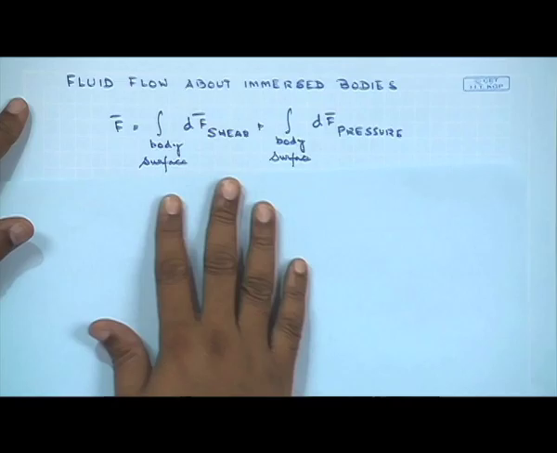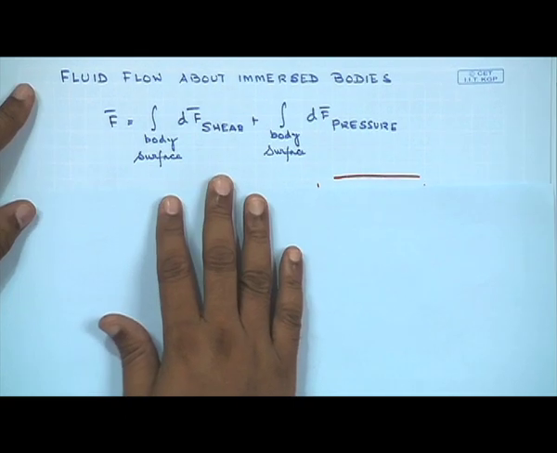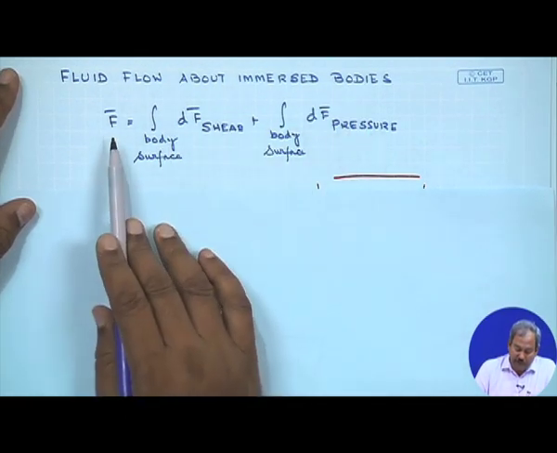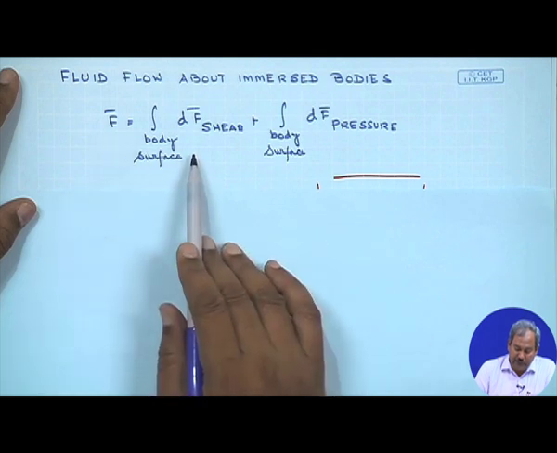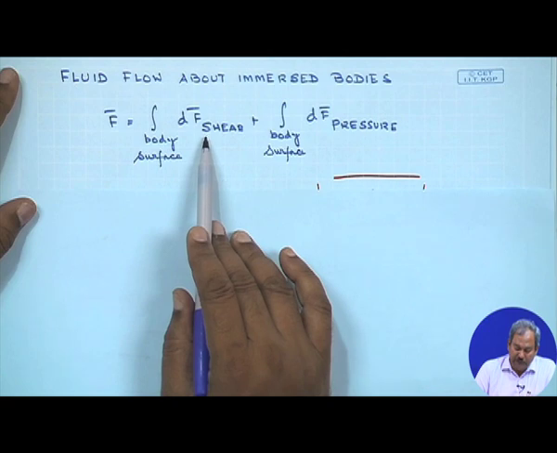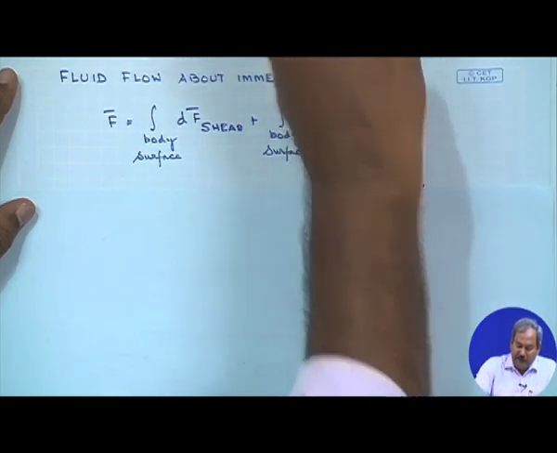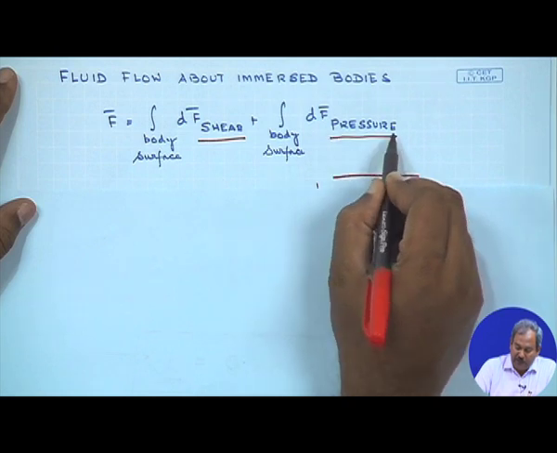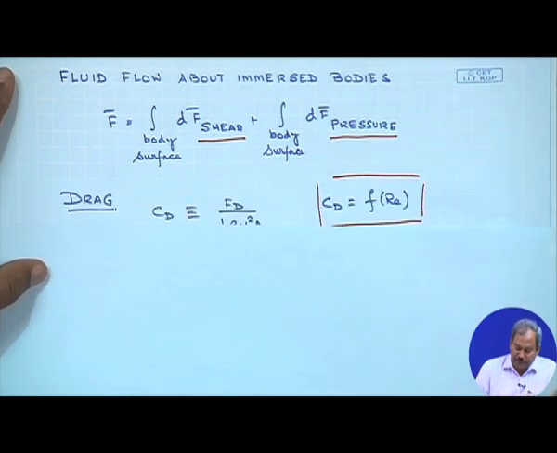So we will first see, if we want to analyze fluid flow about immersed bodies, we understand that the force will have two components. These are integrations over the body surface: a contribution from shear stress, and a contribution from pressure.